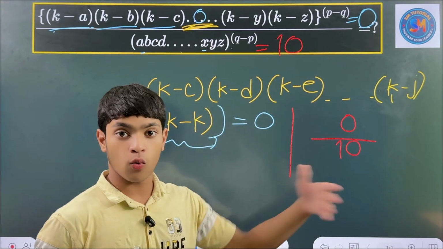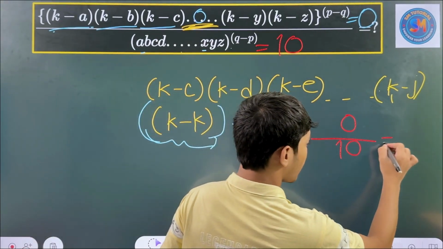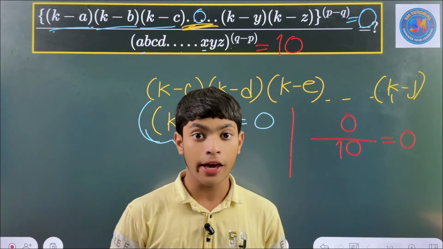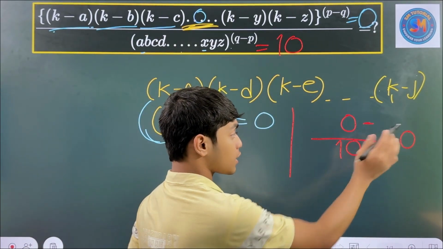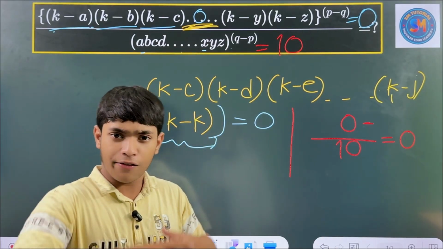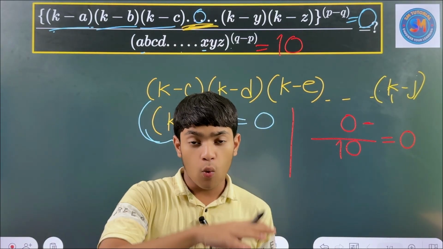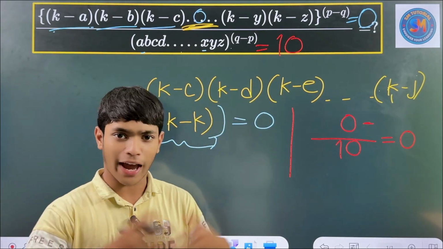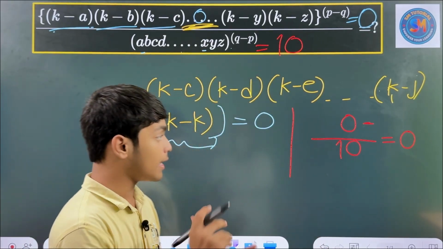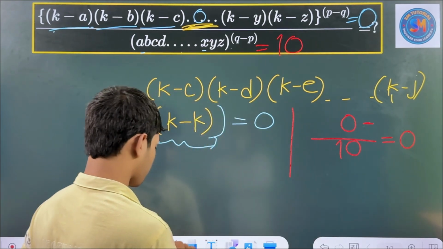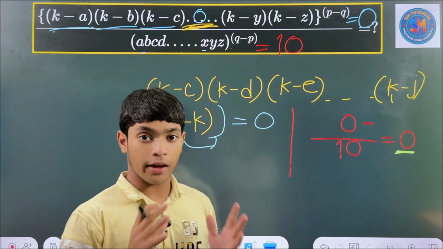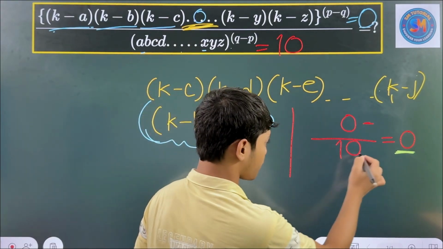If you divide 0 by 10, what will you get? You will get 0, because in any fraction, if the numerator is 0 and the denominator is any number, even a negative number or over a million, the result is still 0.